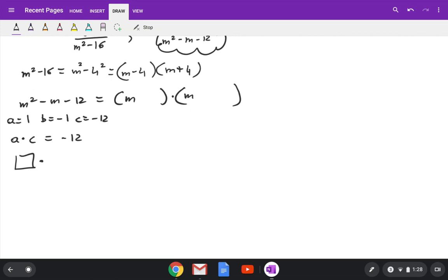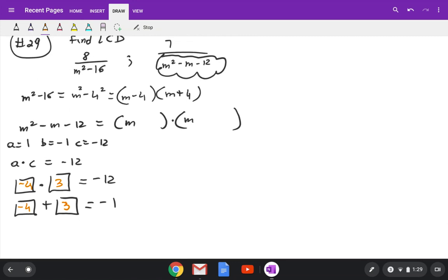Find two integers which by multiplication will give you AC, which is negative 12, and the same two integers by addition have to give you b, which is negative 1. So we have to check what will work. Negative 4 and 3 will work. Negative 4 times 3 is negative 12, negative 4 plus 3 is negative 1. So to factor this, we have m minus 4 times m plus 3.